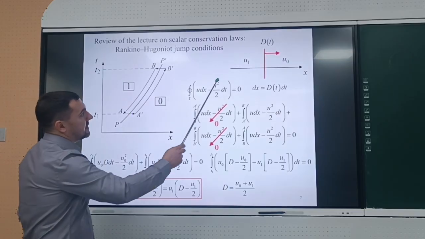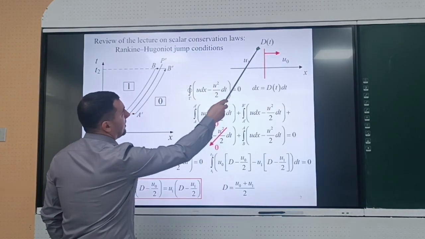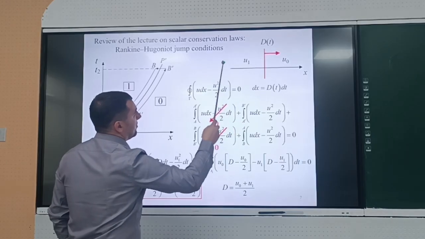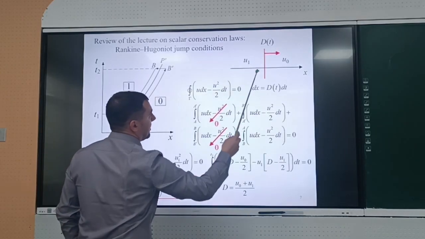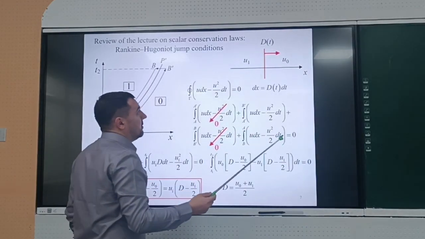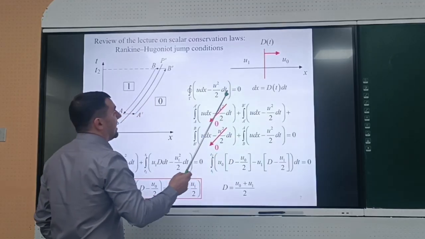So suppose we have this discontinuity which propagates with the velocity D, and u0 and u1 are states. This is ahead of the discontinuity, the shock wave, and this is behind.